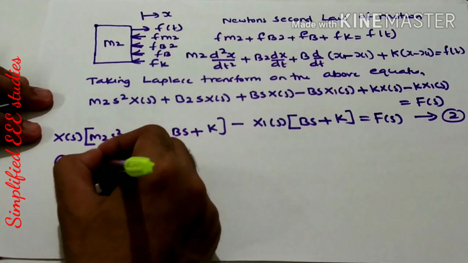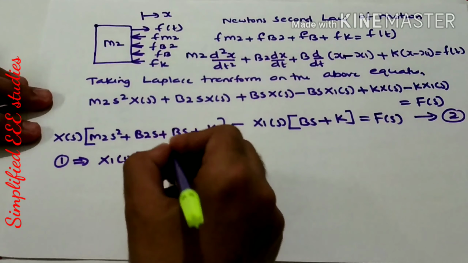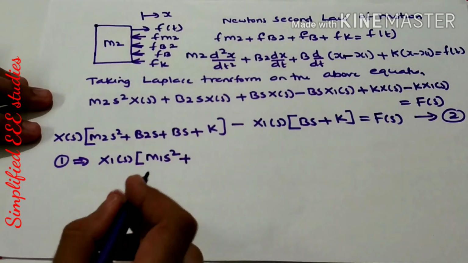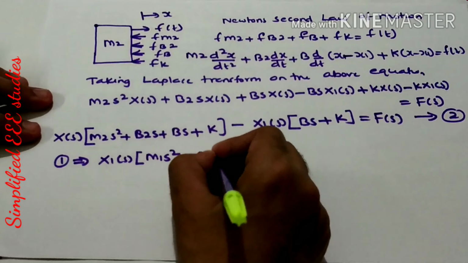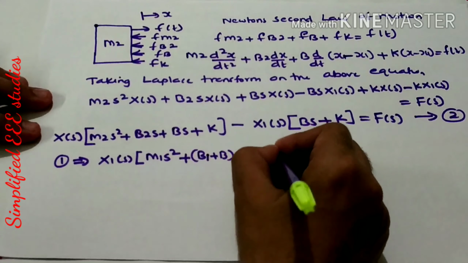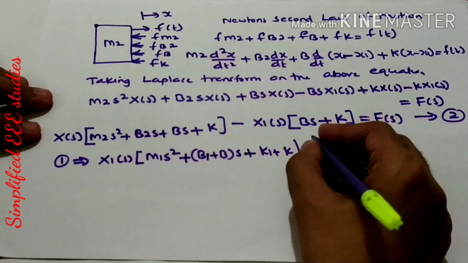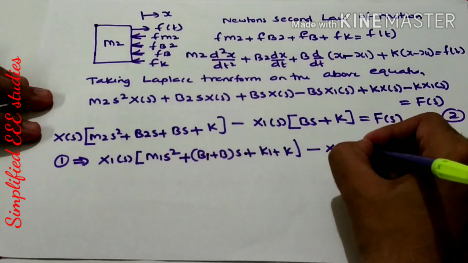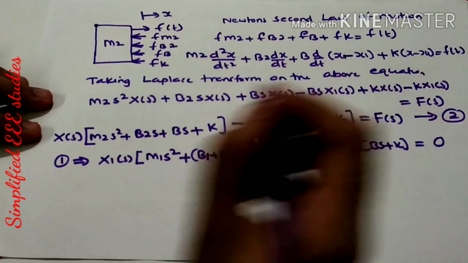That means x1 of s into m1 into s square plus b1 plus b into s plus k1 plus k minus x of s into bs plus k, that is equal to 0.